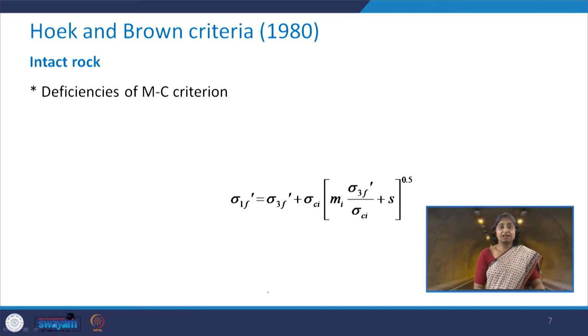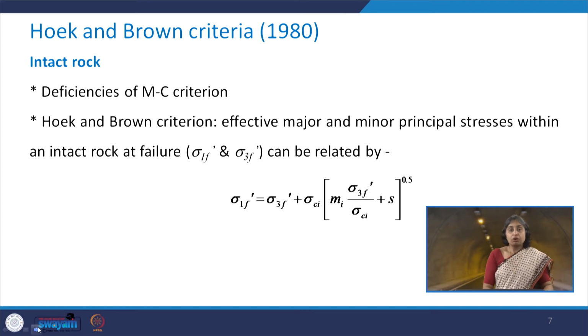So, there are deficiencies with reference to the Mohr-Coulomb criterion. There we saw that when the minor principal stress goes into the tensile region, then if we use the extrapolation of the Mohr-Coulomb criterion, it overestimates the values. So, the Hoek and Brown criterion is quite effective in order to do away with that particular deficiency of the Mohr-Coulomb criterion.